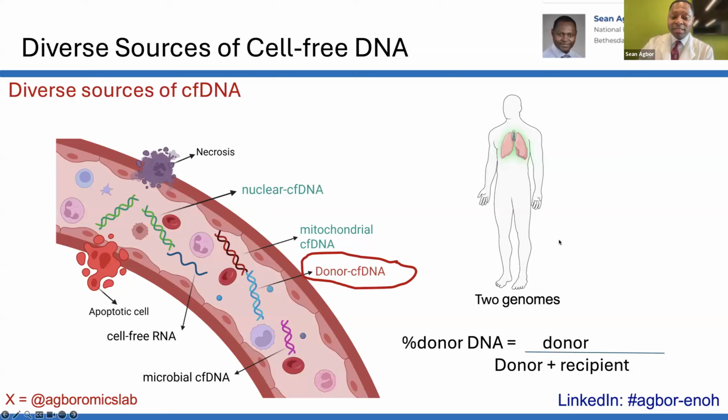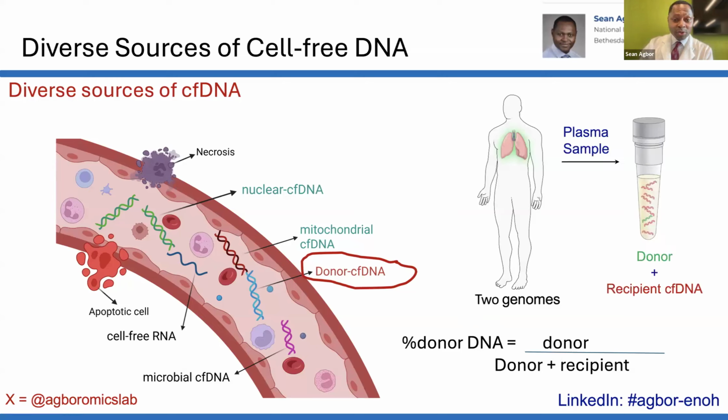As you know, the lung transplant construct, like other allotransplant constructs, gives you a mixture of two genomes. There's a genome from the donor, which we'll call donor cell-free DNA, and a genome from the recipient. If you take plasma from that patient, it's extremely important to process that plasma very quickly or collect it in specialized tubes to avoid contamination of the cell-free DNA from cellular DNA.